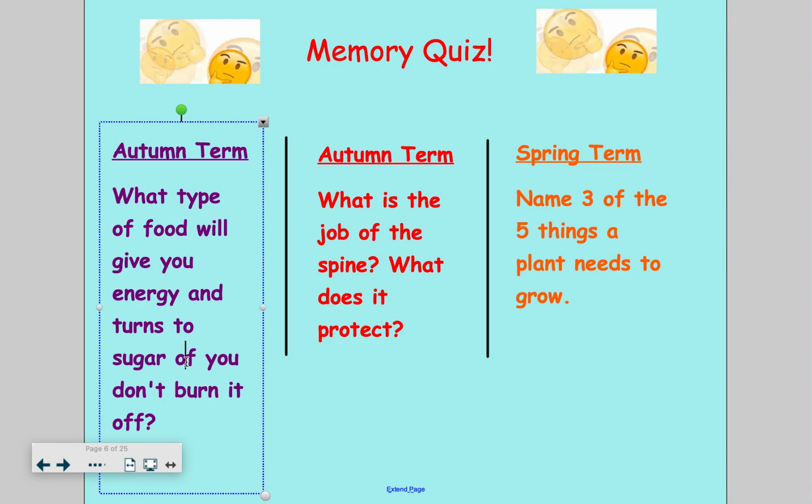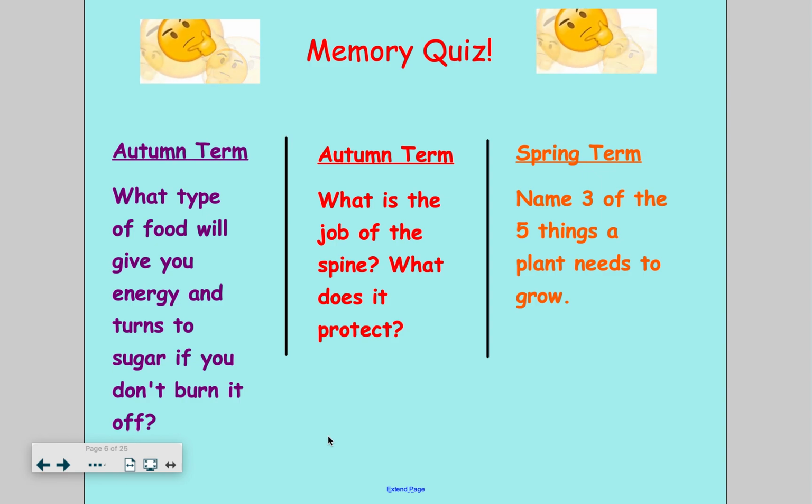In the autumn term, we were looking at the bones. What's the spine and what does it protect? And think of 3 things that a plant needs to grow. There's up to 5, but you just need to think of 3, and there are 3 really obvious ones. So pause here if you want to get the answers written down in your book. Away you go.